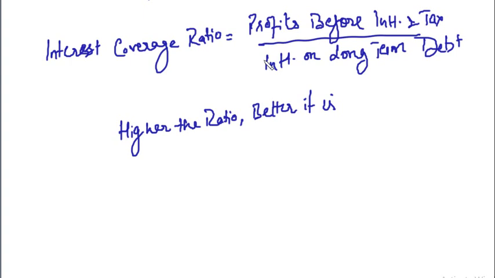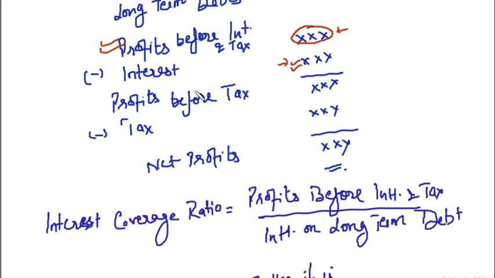So friends, this is about the interest coverage ratio, where we try to build a relationship between profits before interest and tax, and interest on the long-term loan. And I have explained why we take the profits before interest and tax, because if you don't have sufficient profits at this stage, you will not be able to pay the interest.